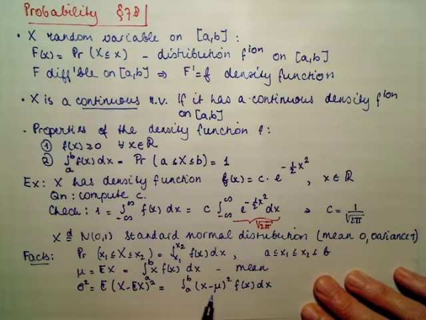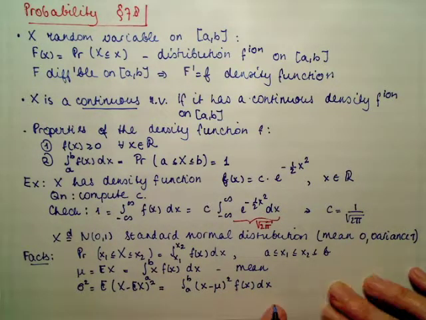If it takes the value x, the quantity of interest is the deviation between x and the mean, squared.